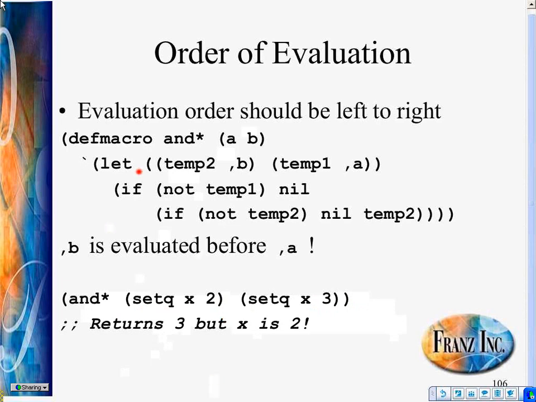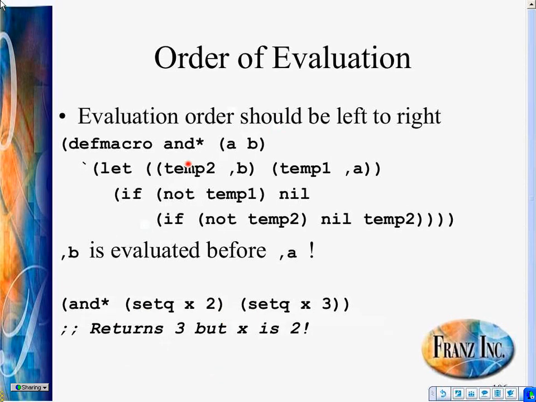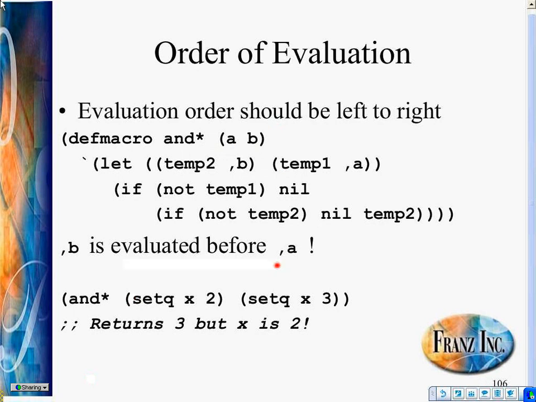I should point out that this also violates the contract of AND, so this isn't a proper implementation of AND, because AND promises not to evaluate B if A returns nil. And this one evaluates B first thing. But this is a kind of subtle problem, but you may run into it.